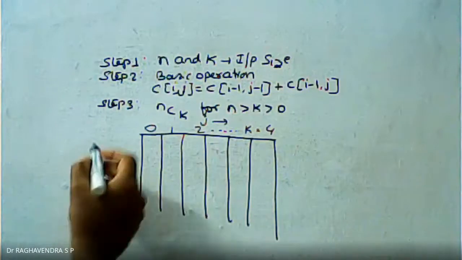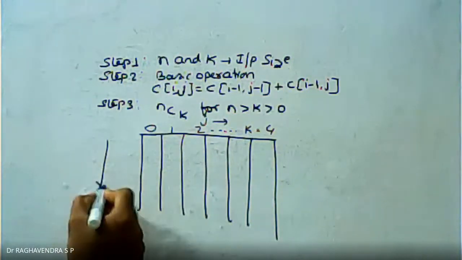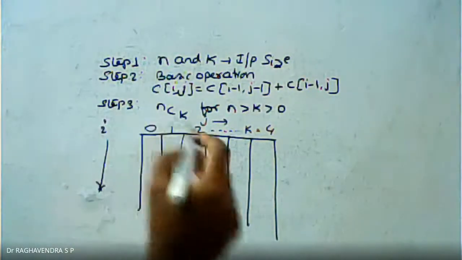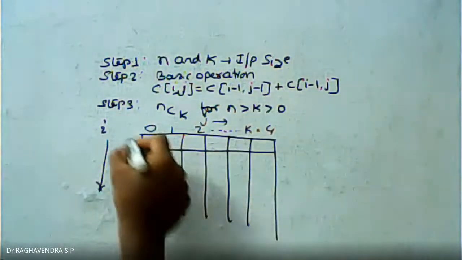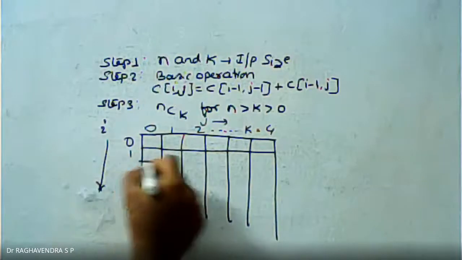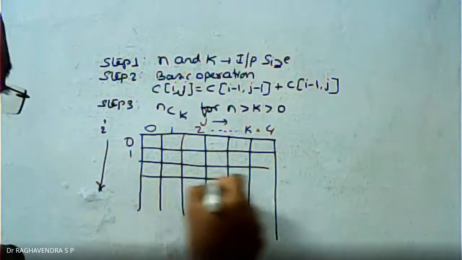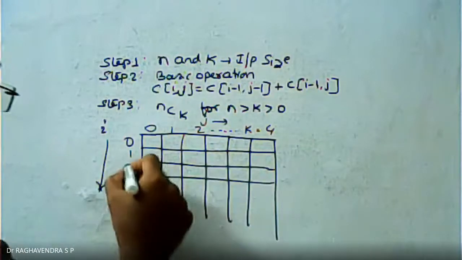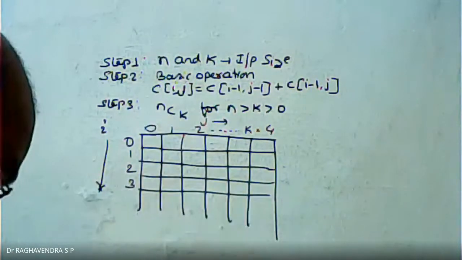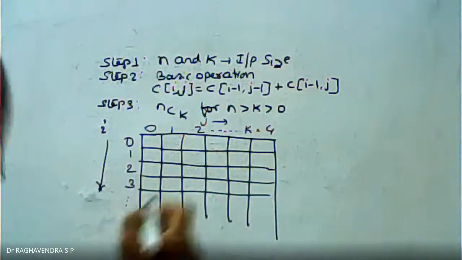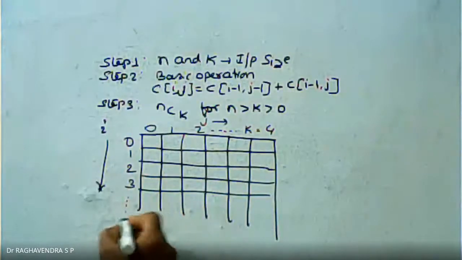Similarly, this is i: the 0th row, first row, second row, third row, and so on up to n.